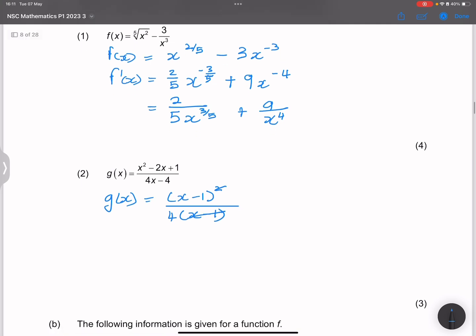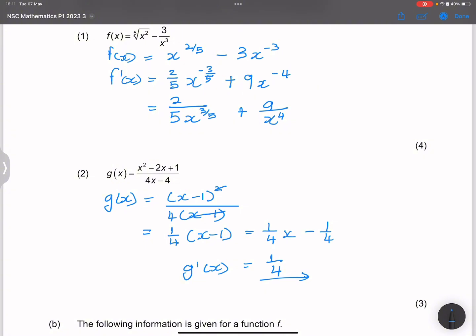So what are we left with? We've got 1 over 4 into (x minus 1), which is 1 over 4 x minus 1 over 4. So to get g prime, this would simply be 1 over 4. That's it. So that's going to be 1 over 4.